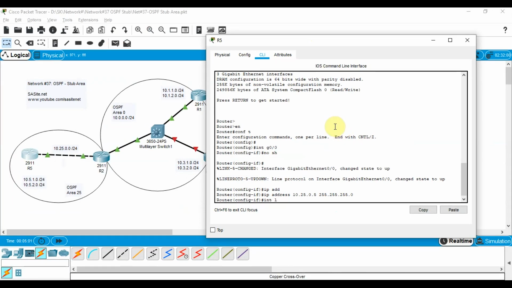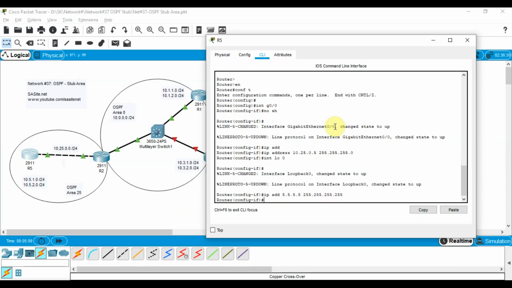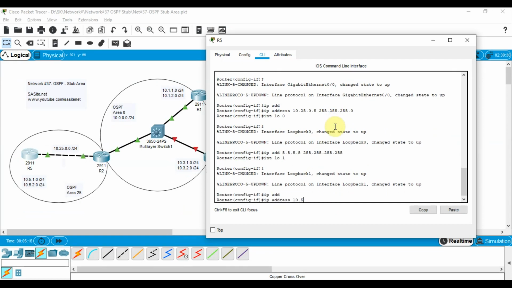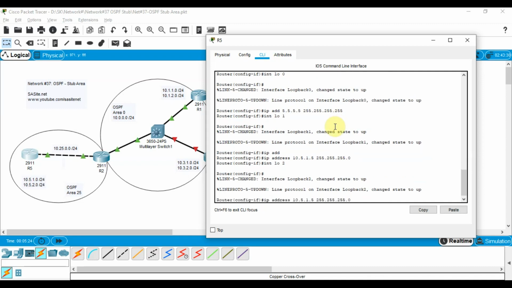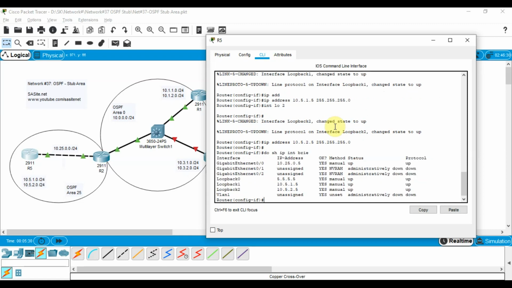And we have interface loopback 0, the IP address is 5.5.5.5/32, and we have two more, loopback 1 and 2, which also represent the networks behind R5. We're following a nicely mapped IP addressing for that. And use the up arrow, now you're an expert.